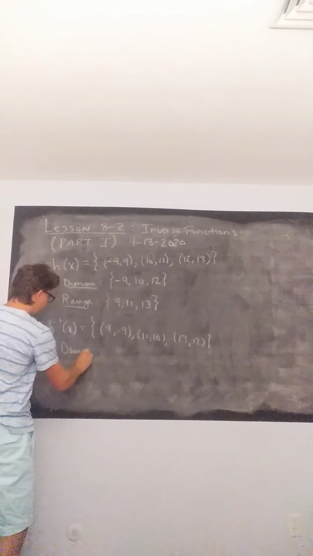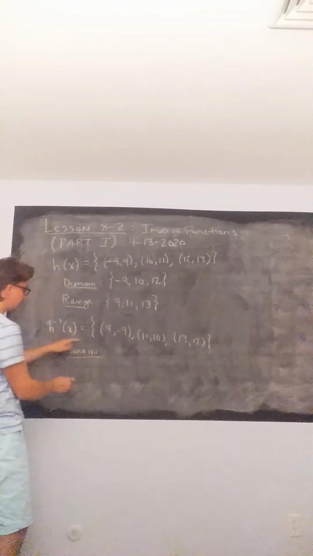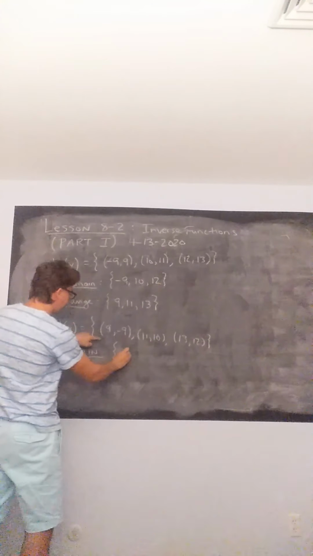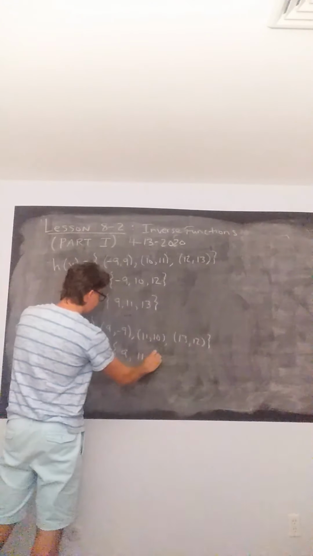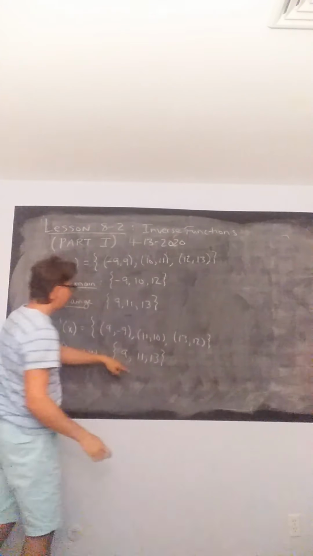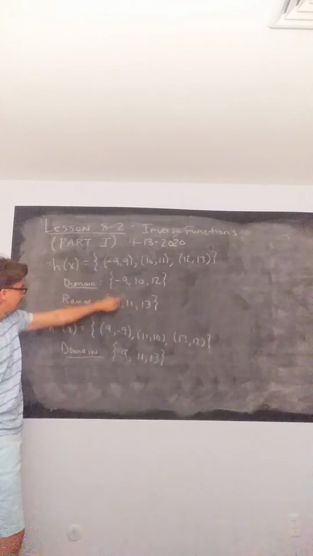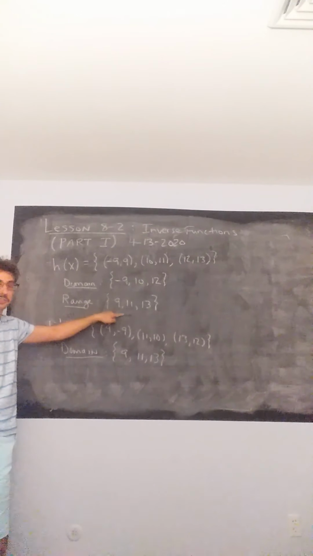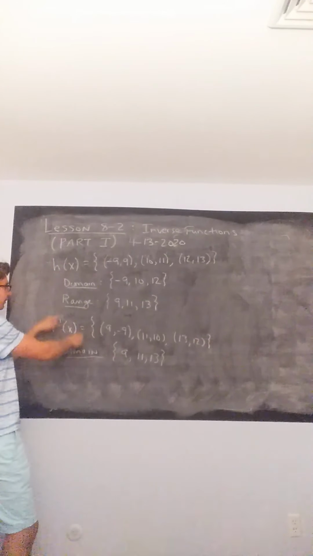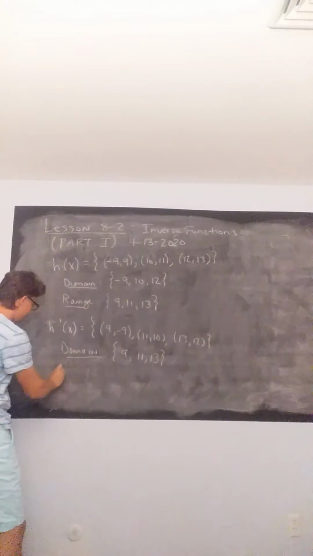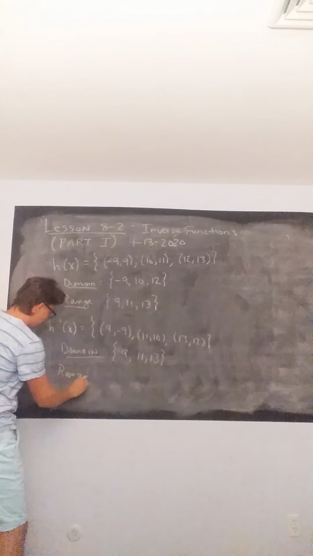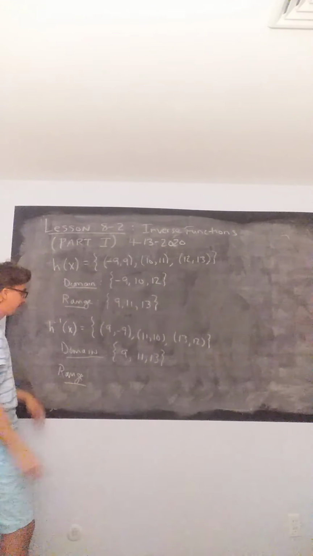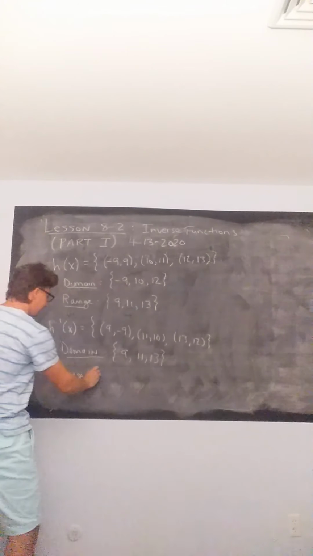And again, we'll just go through and check that idea right here. So the domain set is all your x coordinates. That's 9, 11, and 13. And wouldn't you know, doesn't that match the range here of h? So the domain of h inverse is the range of h. And the range of h inverse is going to be the domain of h.